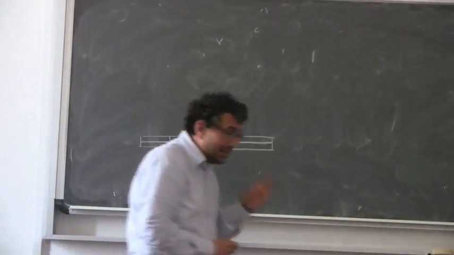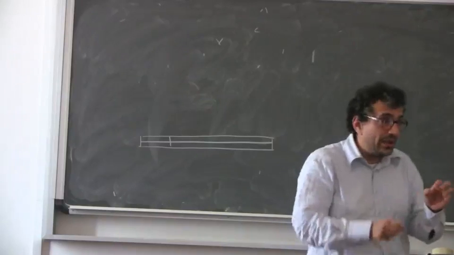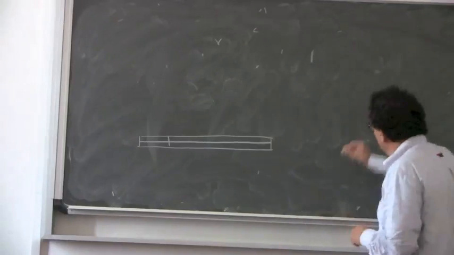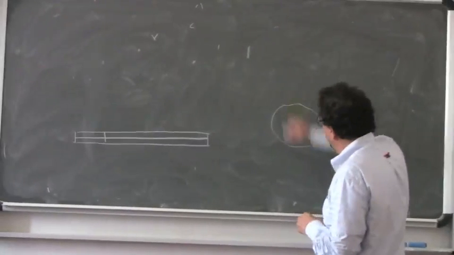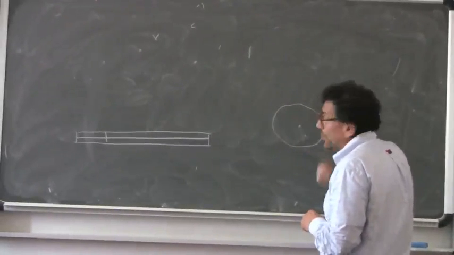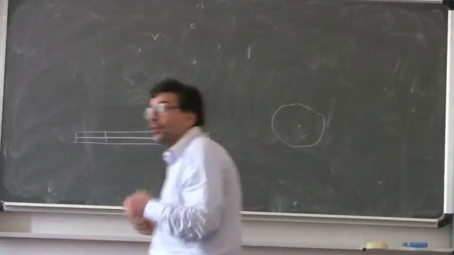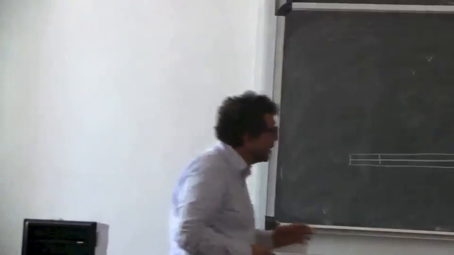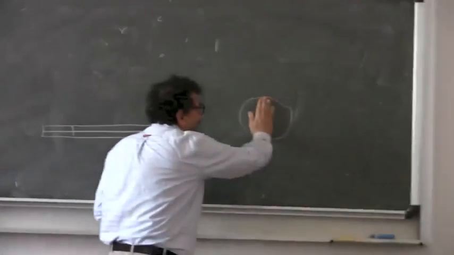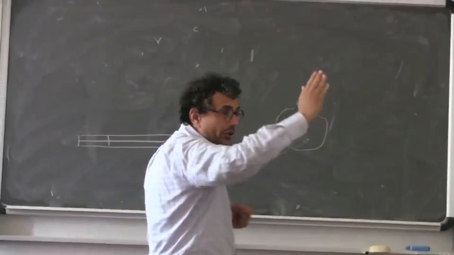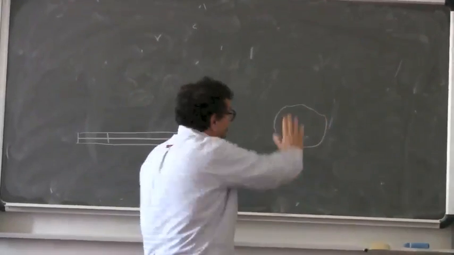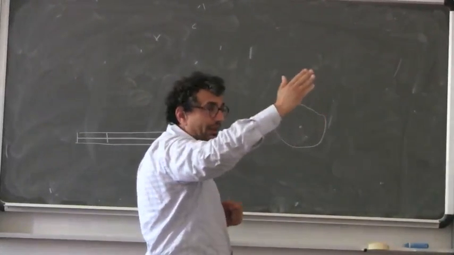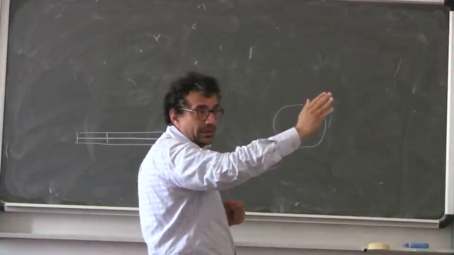So the idea of Euler is the following. I have a section. This section has a geometric center, a centroid. Okay? I translate this section in the orthogonal direction and I geometrically build a cylinder.